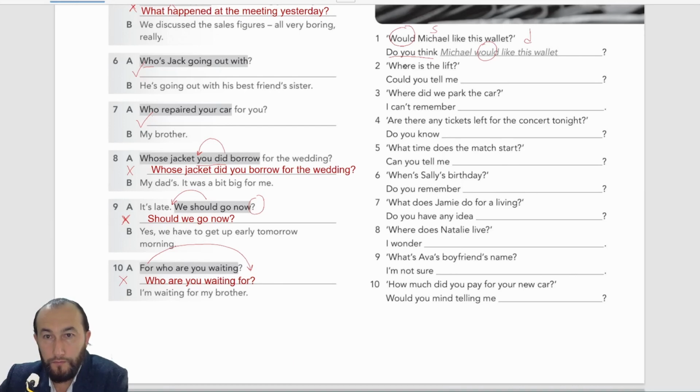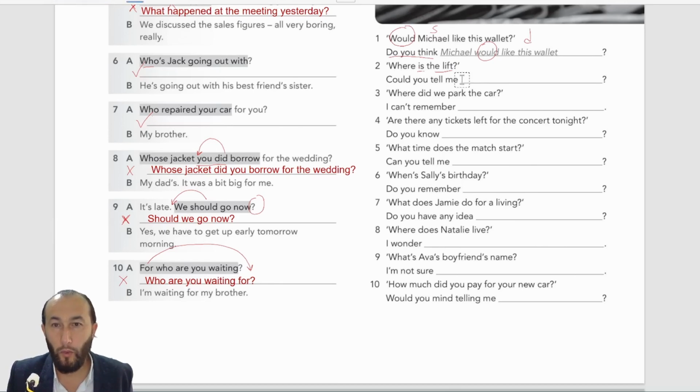Now, number two, where is the lift? As you can see here, is is coming before the lift. The lift is the subject. So when I make an indirect question, like could you tell me, the rule is when we have the question word, we're going to keep the question word. All right. So we're going to write it down.